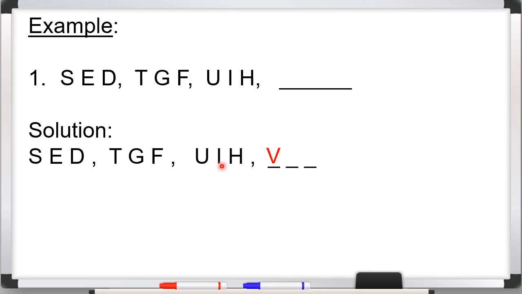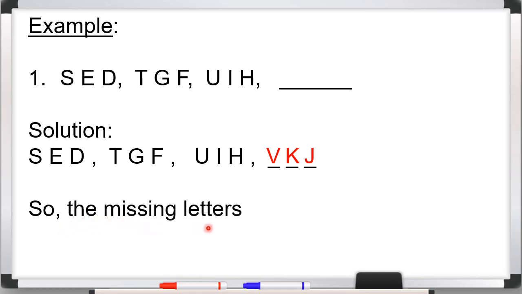So, which two next alphabets will be here? K, J. So, the missing letters are V, K, J. Clear? Understood?